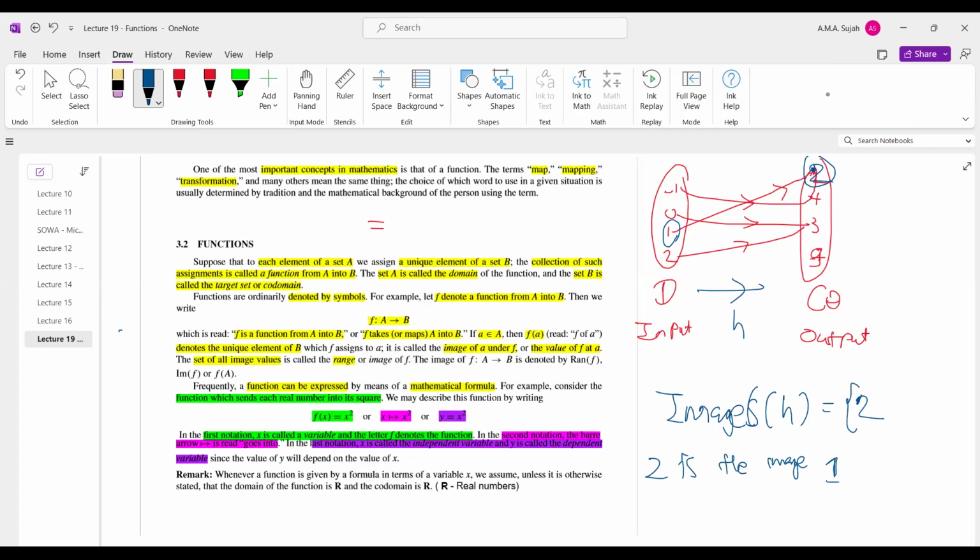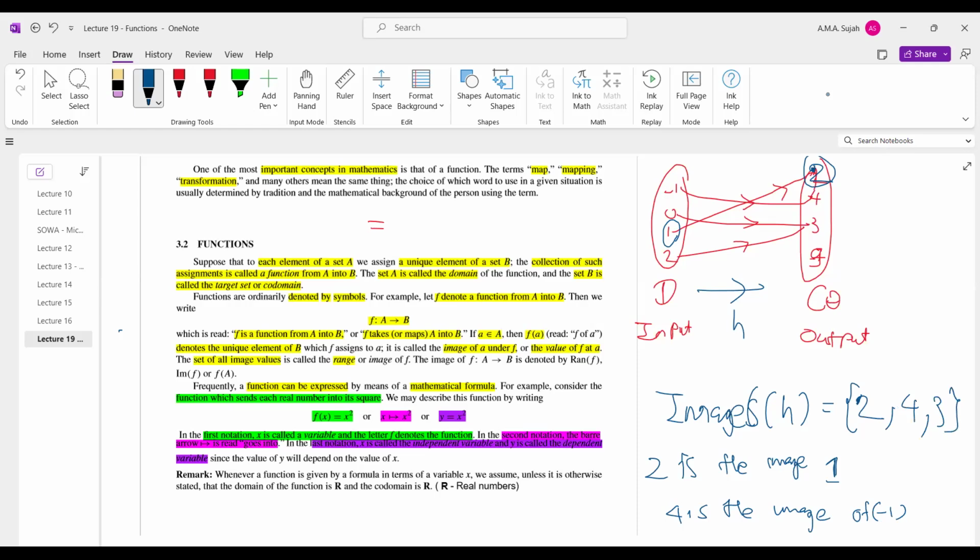Similarly, we can write 4 is the image of -1 in the codomain. Similarly, 3 is the image of 0 and 3 is the image of 2. So the images are 2, 4, 3.